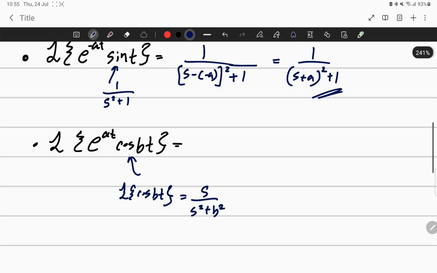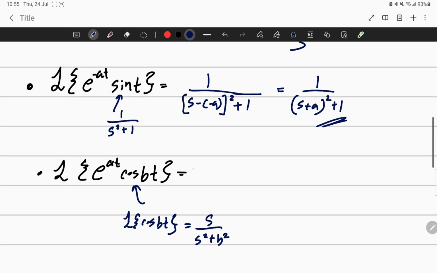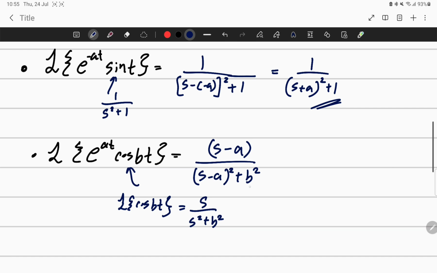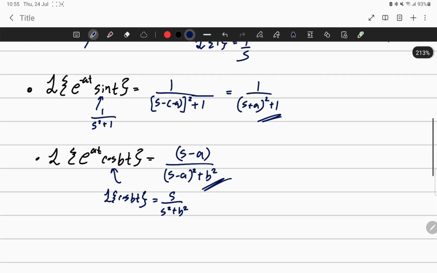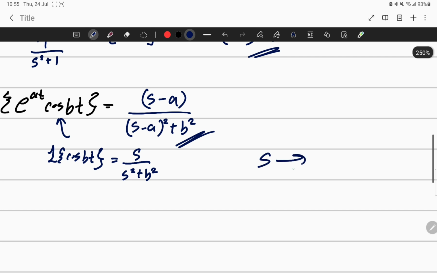So I have to shift this by a. Here it is s, so s has to be shifted by a: s minus a over s minus a square plus b square. This is the answer. So basically what I am doing is s is shifting to s minus a.